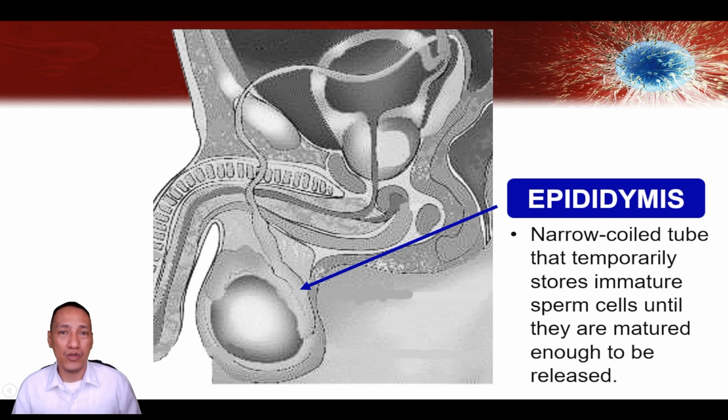Bakit sinabing matured enough? Kasi sa simula pa lang, baby, di ba? Baby pa yung mga sperm cells natin. Pero habang tumatagal na nagmamature sila, ay nagiging malikot sila. So pag naging malikot na sila, motile na sila, pwede na silang lumabas. Pero habang hinihintay yon, ilalagay muna kay epididymis habang nagmamature sila. Tapos pag mature na sila, lalabas na sila at dadaan sa vas deferens.